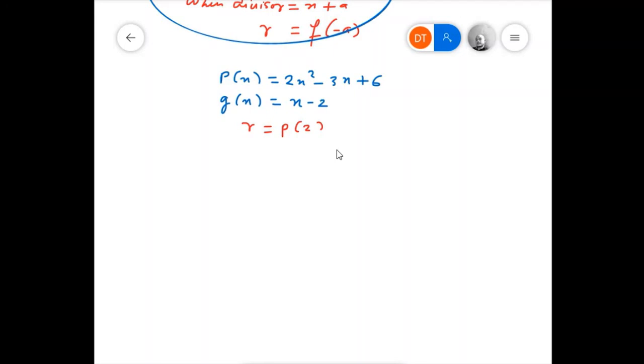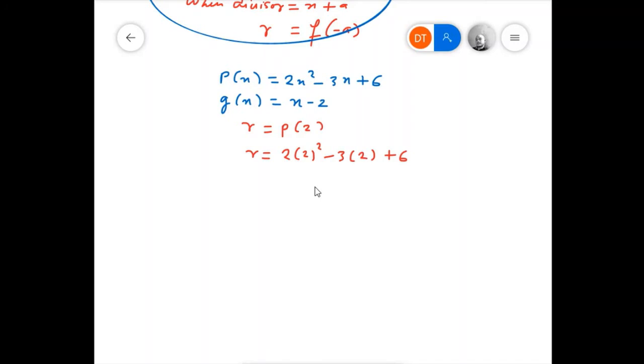So we can say that it is 2 into 2 square minus 3 into 2 plus 6. We are doing nothing but substituting the value 2 in place of the variable x in the dividend.